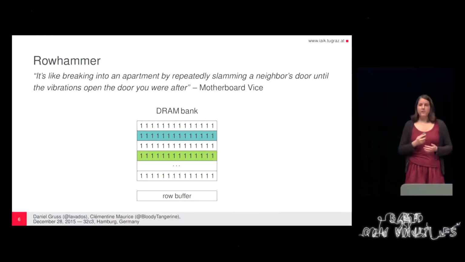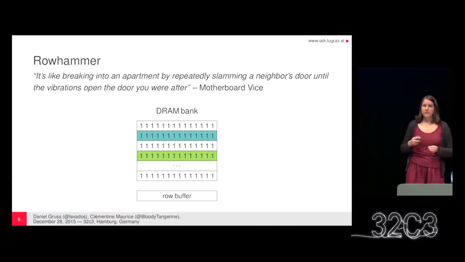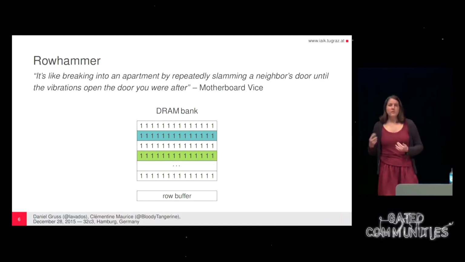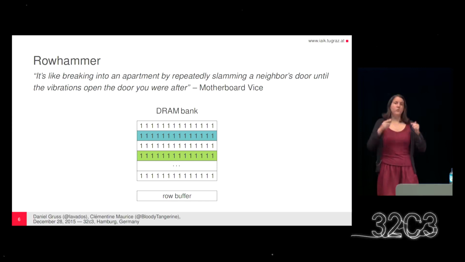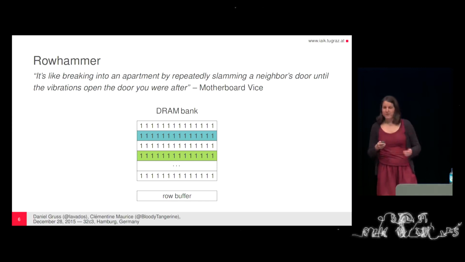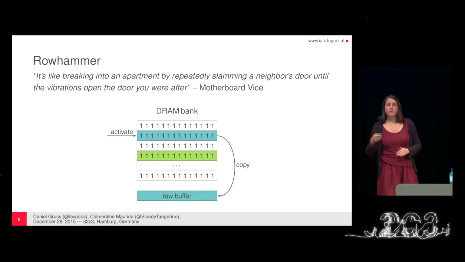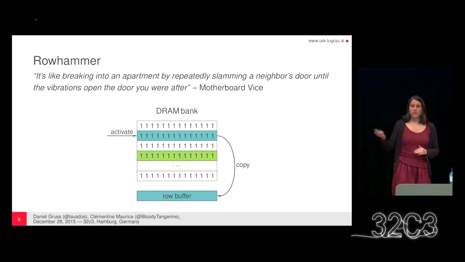Motherboard Vice says something which I really like, an analogy. Rowhammer is like breaking into an apartment by repeatedly slamming a neighbor's door until the vibration opens the door you were after. So let's see how it works in the DRAM. You issue an activate command on a specific row that will copy it into the row buffer.